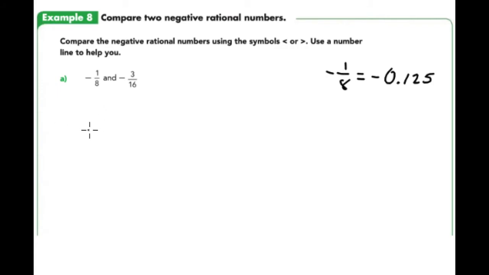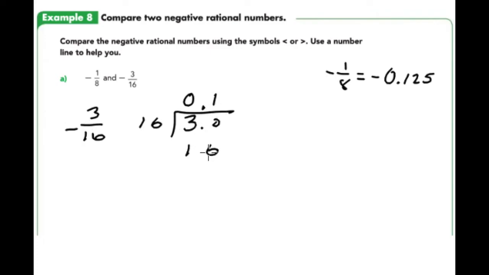That leaves us with the negative 3/16. So we'll follow the same setup of top inside, then divide. 3 goes inside, 16 would be outside. 16 can't go into 3, but it goes into 30 once.